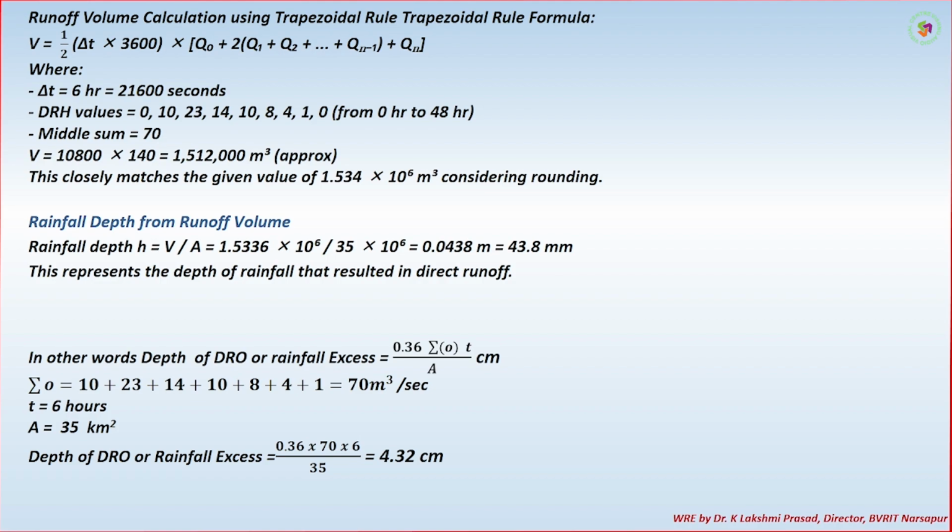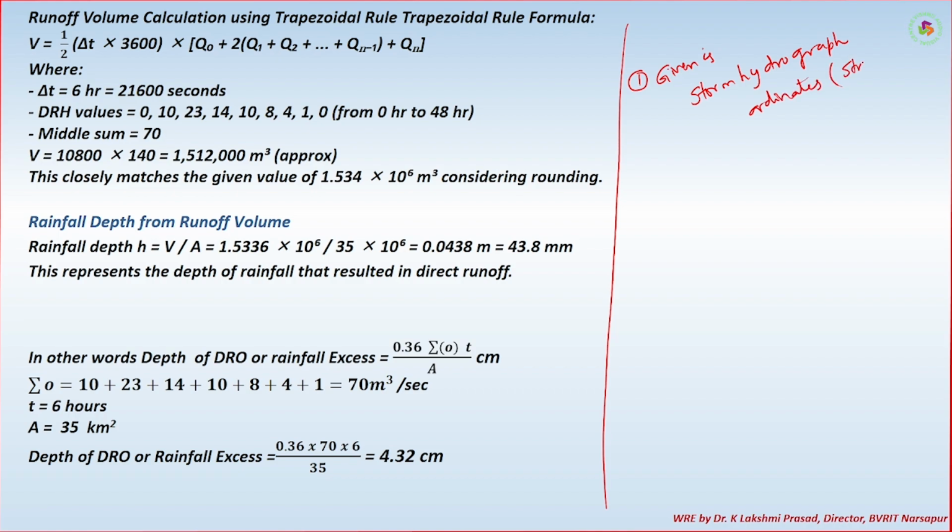You see, there are two methods actually to do it. First one, what is the given thing? The given is storm hydrograph ordinates. Storm hydrograph ordinates means stream flow in meter cube per second. That is what is given. Right? What is the second thing that is given? Time interval.